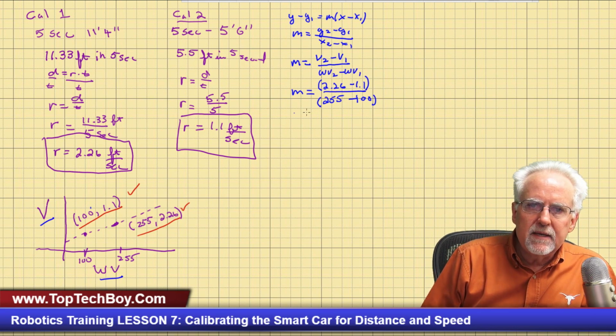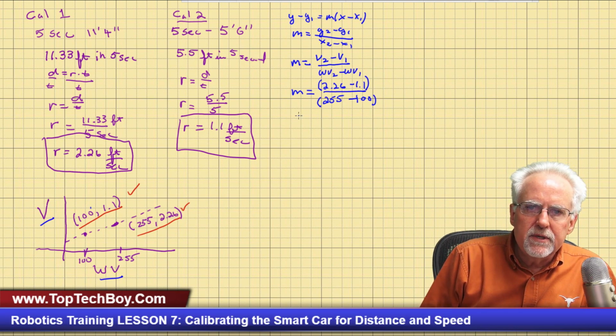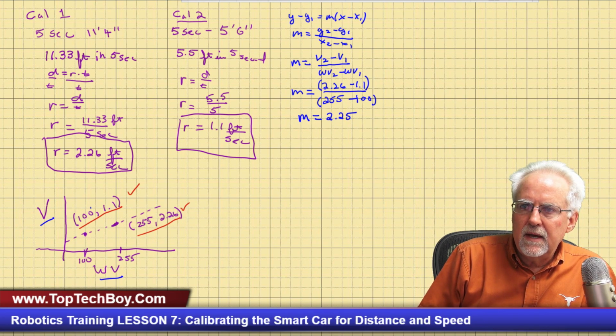Now you might get a slope slightly different because your car might not work exactly like mine. Okay, but that is a very important number there, because that is what we're going to use now to get the equation of our line.